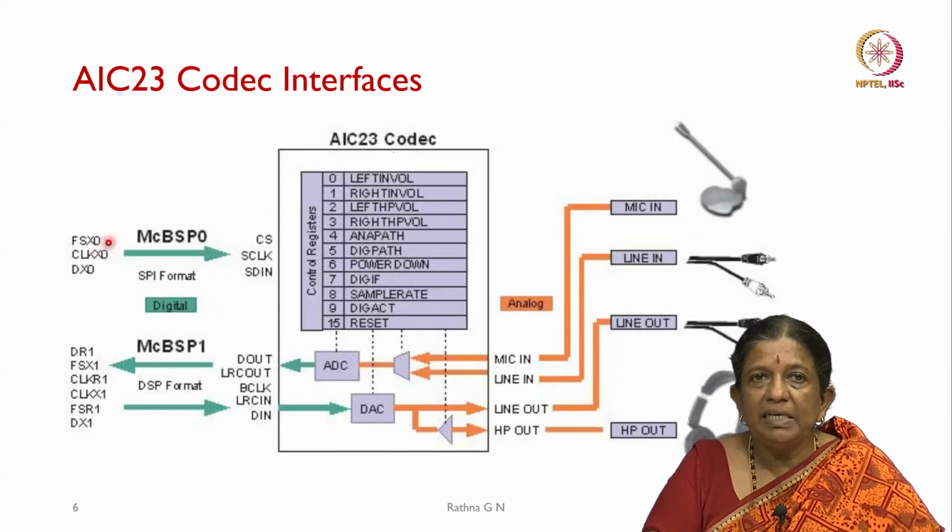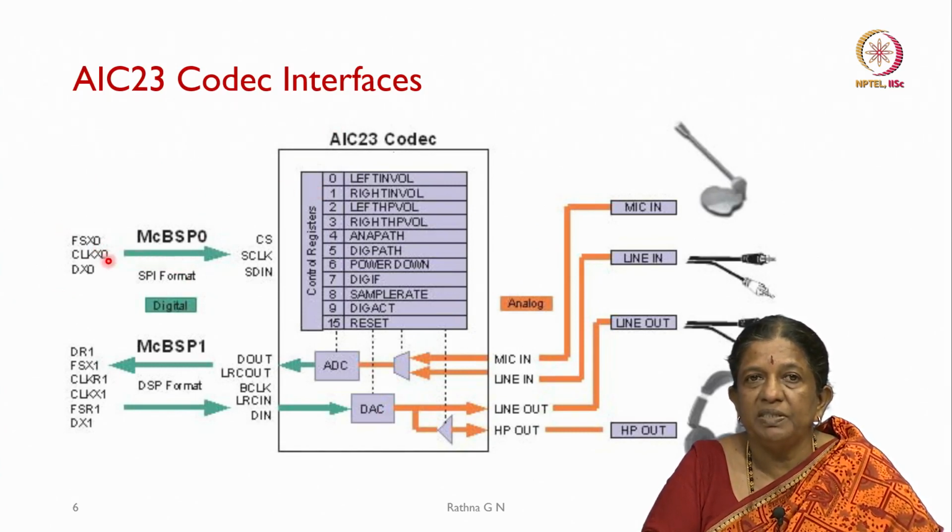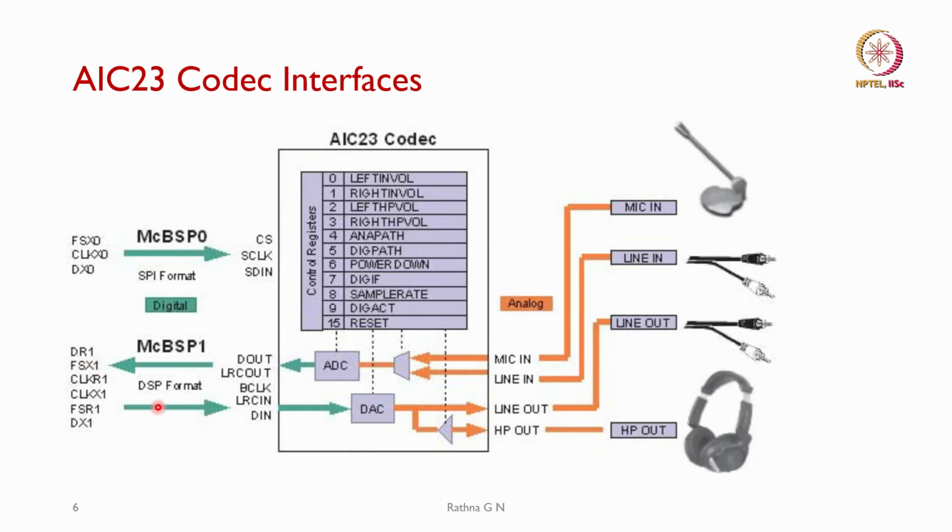So, we will see a little bit on how the AIC23 codec interfaces can be done. We will be using McBSP0 as the input to this codec chip, and the ADC output is going to be taken out through the McBSP1 interface to the DSP board, and whatever the format has to be, we are going to define it here.